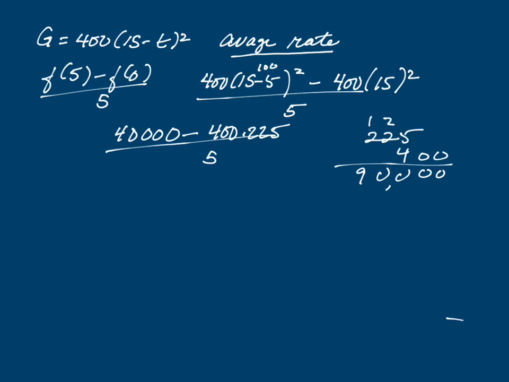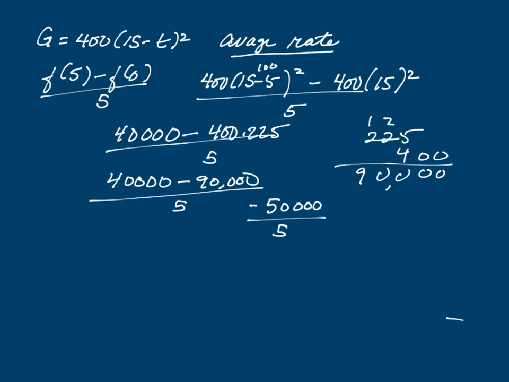So we have 40,000 minus 90,000 over 5. And so that would be negative 50,000 over 5, which is negative 10,000 gallons per minute.